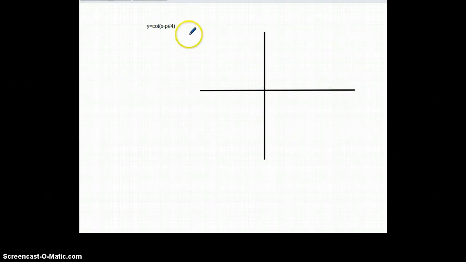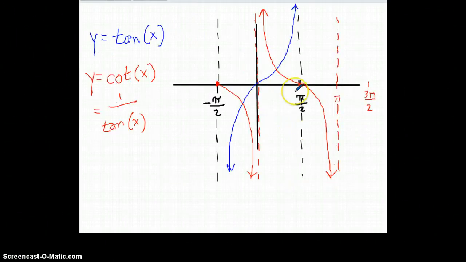Okay, in the final example, cotangent of x minus pi over 4. Let's again refresh ourselves about the graph of a cotangent function. Normally we could draw a period from 0 to pi, going down right to left.